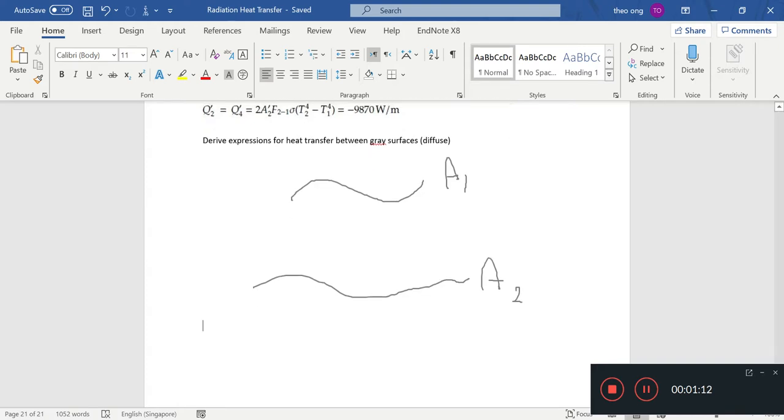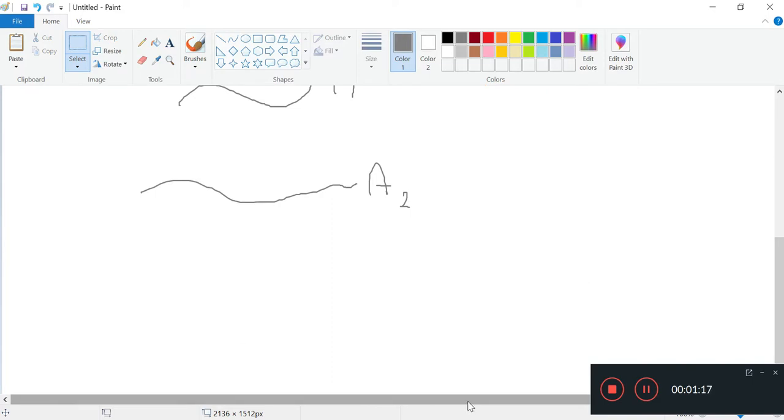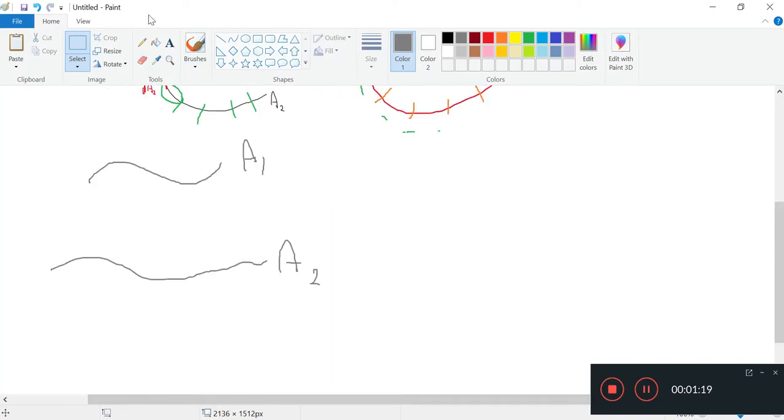What is the difference between the gray and the black surface? A gray surface does not absorb every bit of radiation incident on it. So you have some incident radiation, HR. For a black surface, everything is absorbed. However, for a gray surface, some of it is reflected.